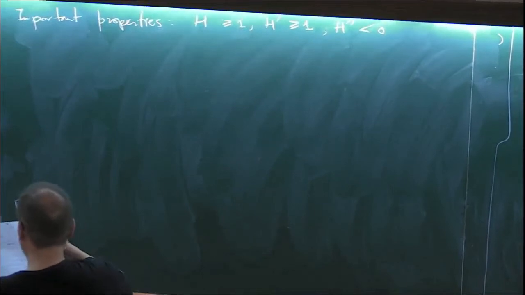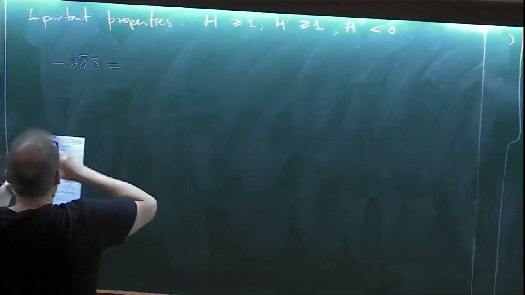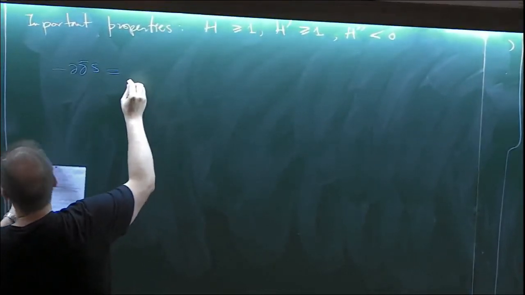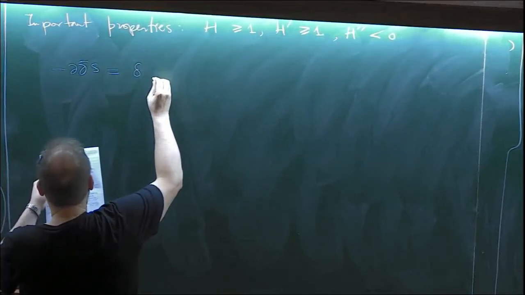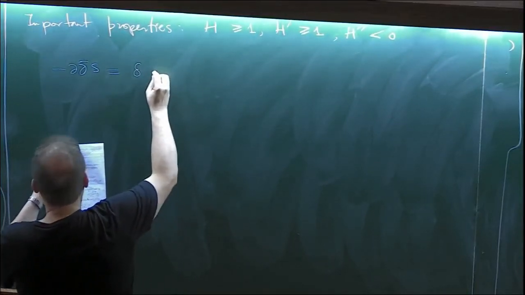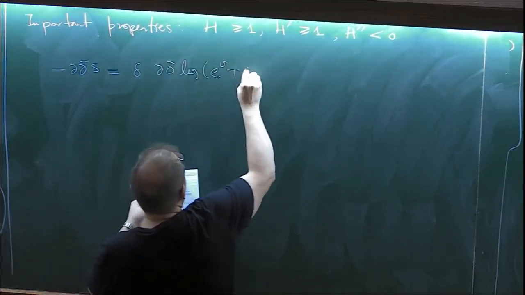We're in it for the long haul here, folks. Okay, so let's compute. What is negative dd bar of S? This is going to be delta. Negative dd bar of S is delta dd bar log of e to the v plus epsilon squared.